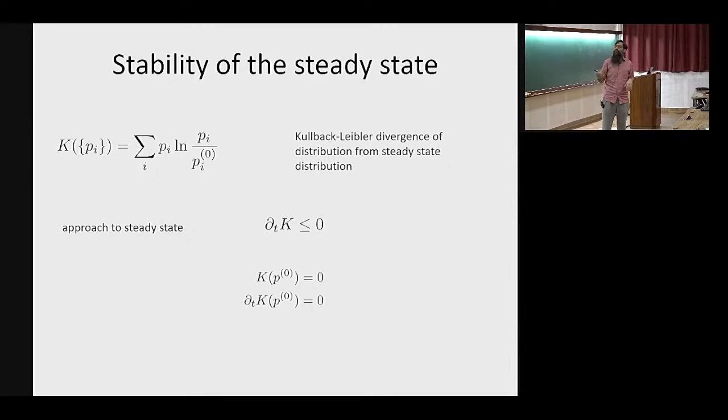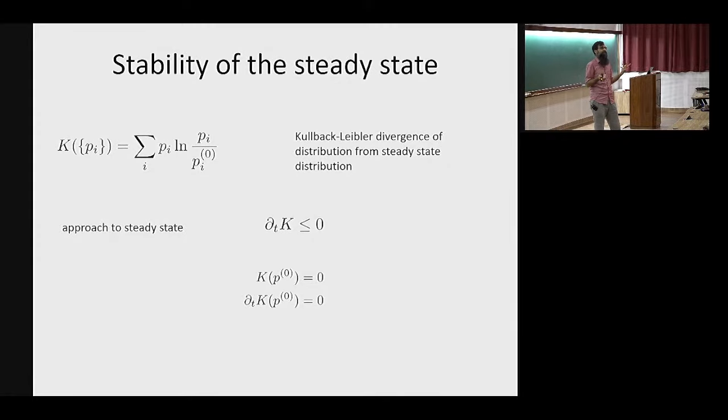And one way of describing this is with this quantity here, which is the Kullback-Leibler divergence of the distribution at time t, so some pi probabilities of the states, with the distribution pi0 in the steady state. So if you think of this as the distance between the current probability distribution and the steady state distribution, then this is something that should decrease over time and become zero when you reach the steady state.